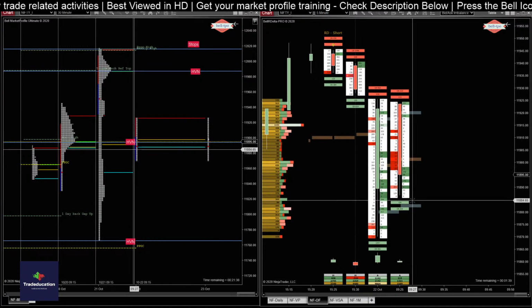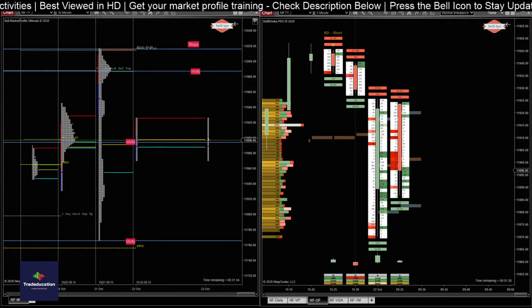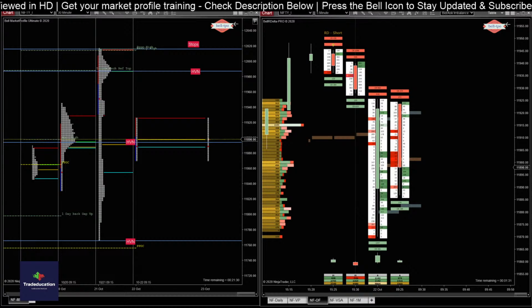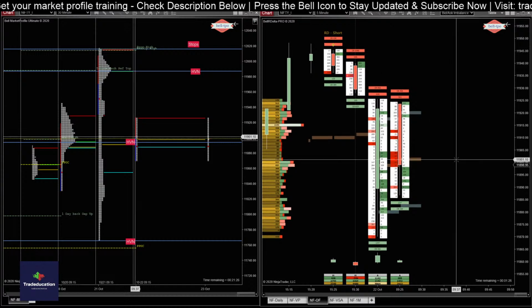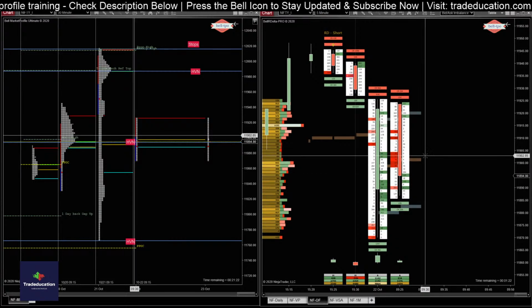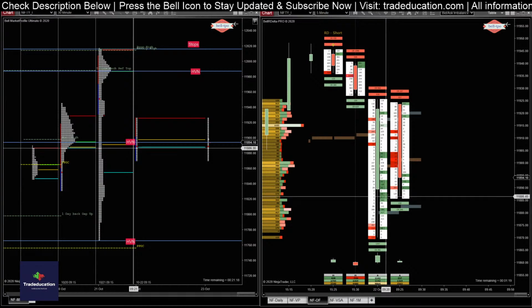So strong selling pressure came in. Now we're just tagging the VWAP, so there are momentum sellers. So there are also stacked buyers in this zone.